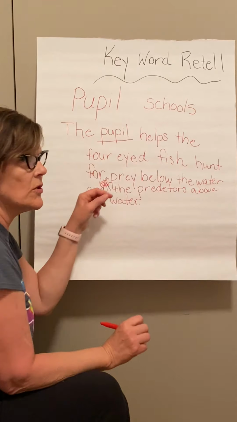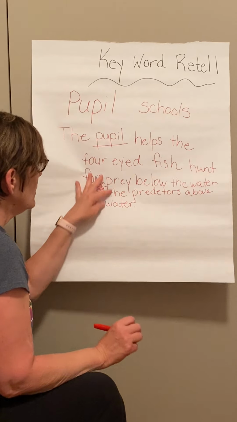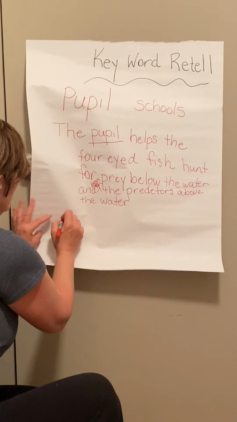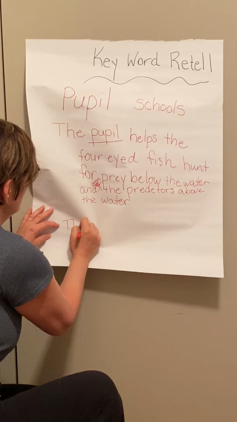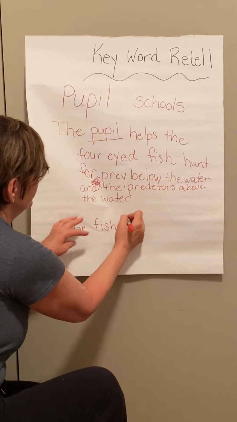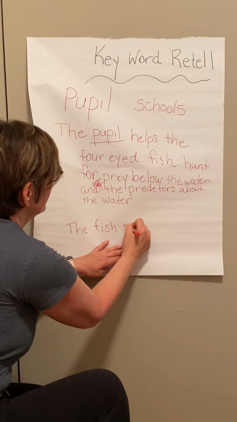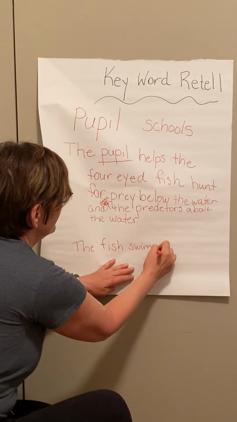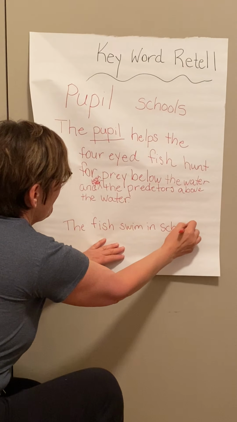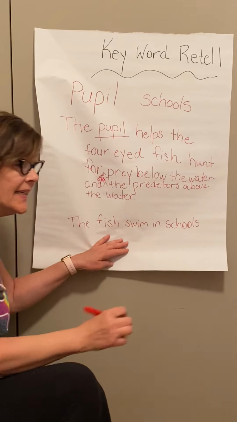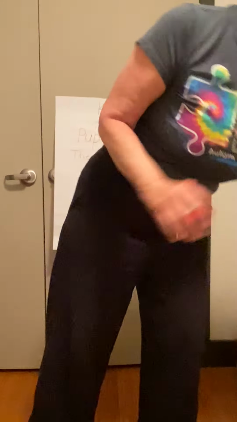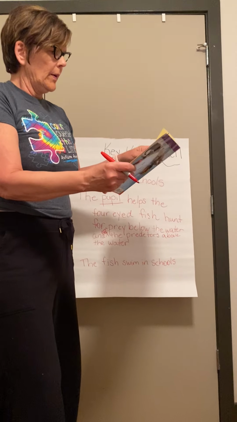And our other one was schools. Schools, what did the schools do? The fish swim in schools. If I didn't remember, I can simply get my book. I can go back to where we were reading.